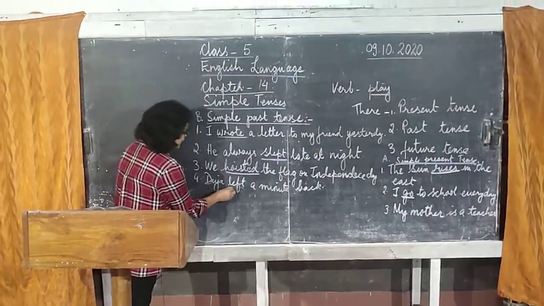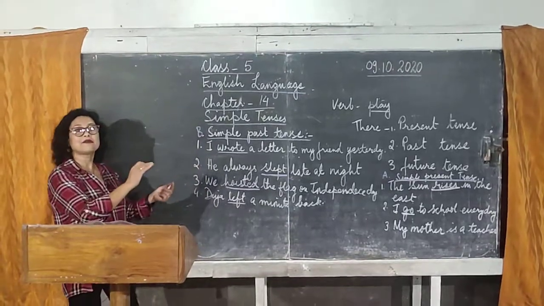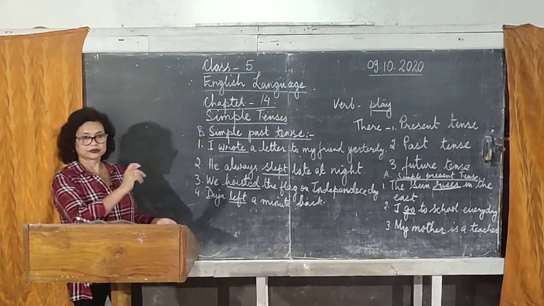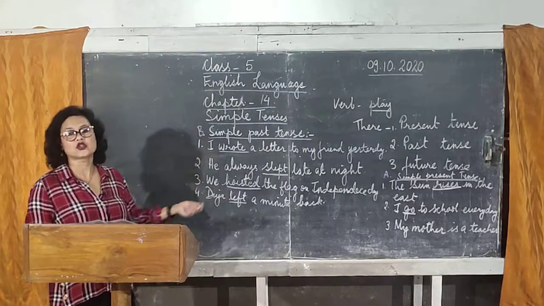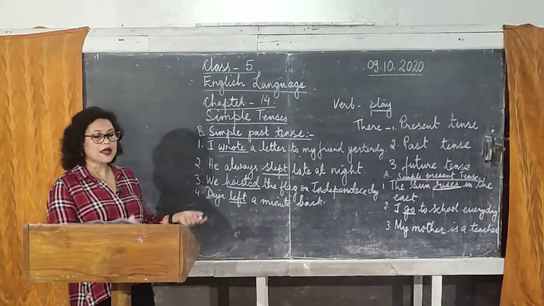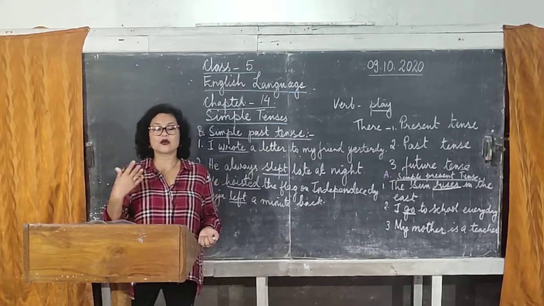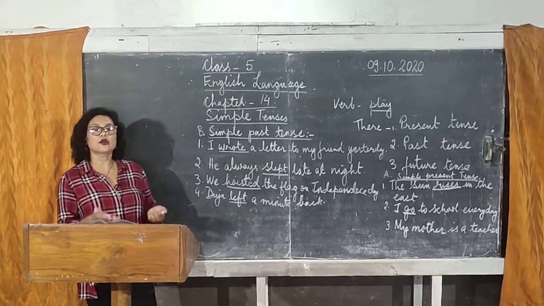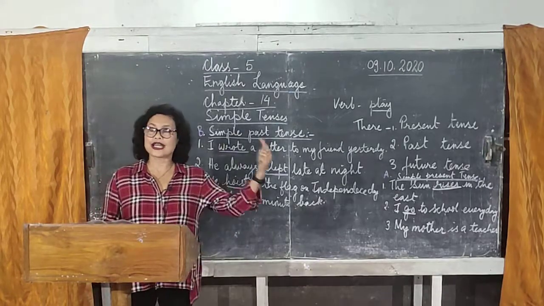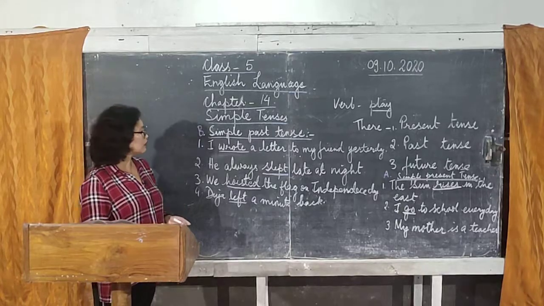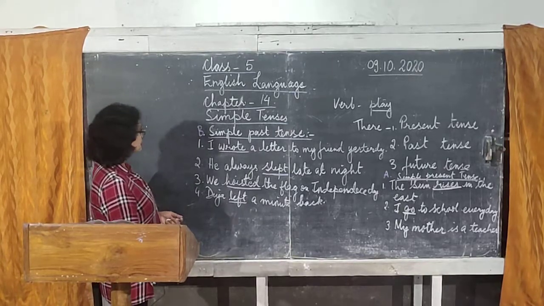Left today, but it's the past. A minute back, not the minute's already gone. Or maybe you can write Divya left at 8 o'clock. It's already 2 hours. So that is also to express action that was completed recently. As I told you, you ate your breakfast at 7 o'clock. So that's already gone. You already ate your breakfast. Right, children?